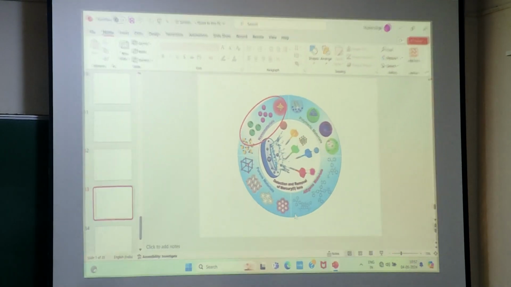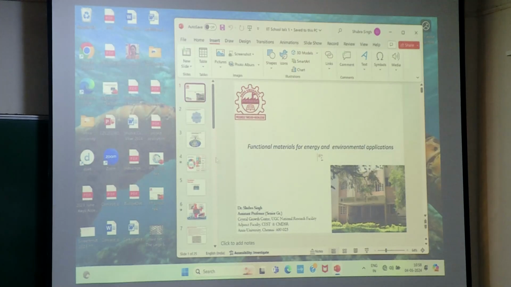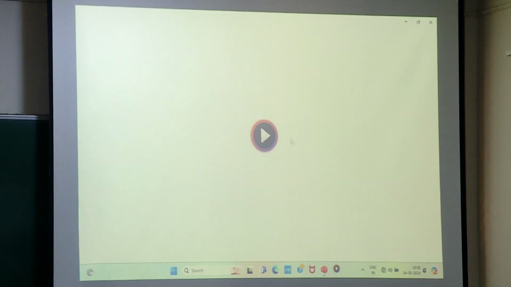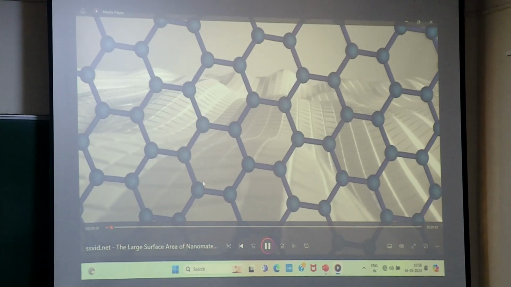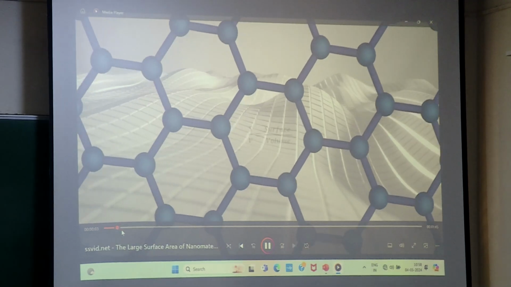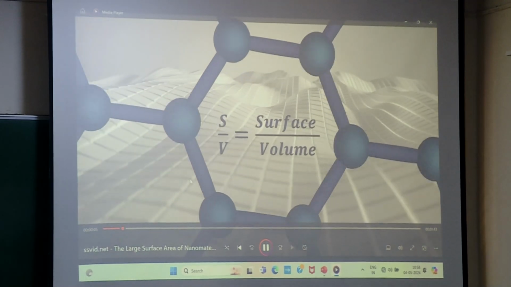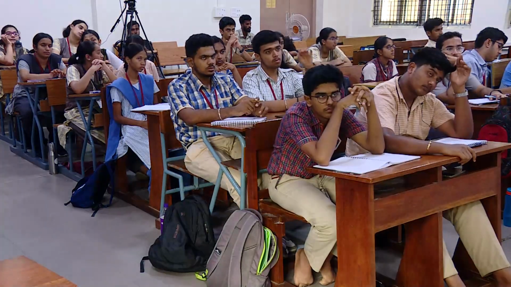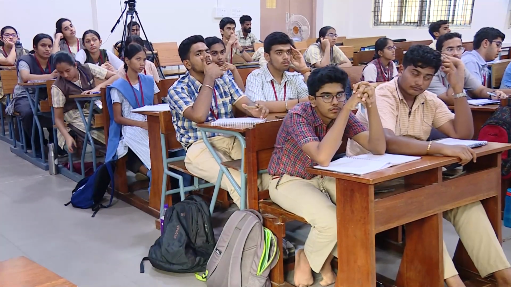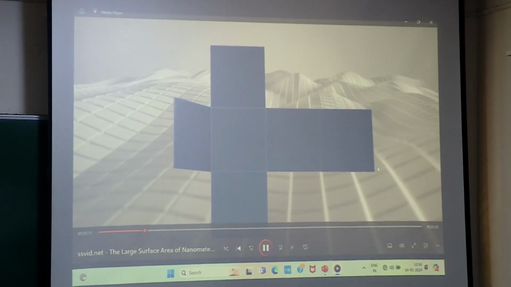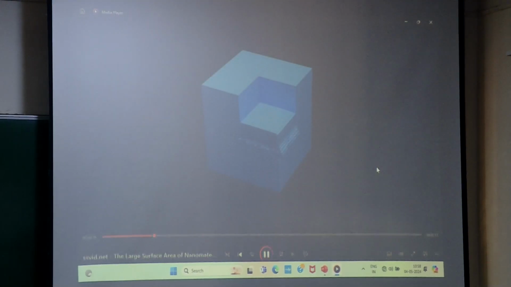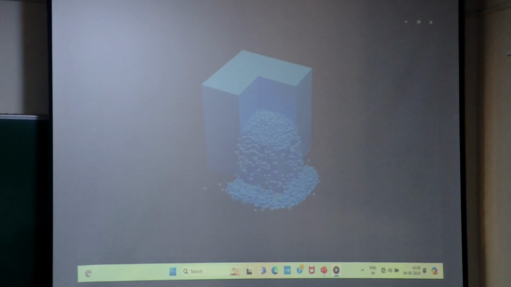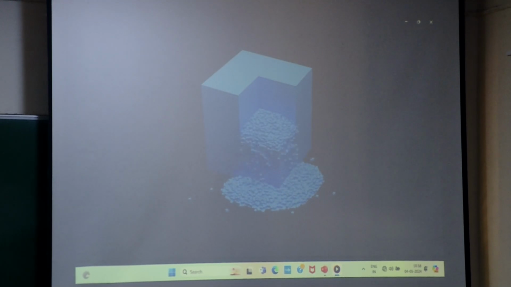I will just show you one video, from YouTube, which is a gist of why a nanomaterial is important. So what you see here is you have a cube, the same example I showed you, and you break it into a number of smaller cubes and find out the surface area.